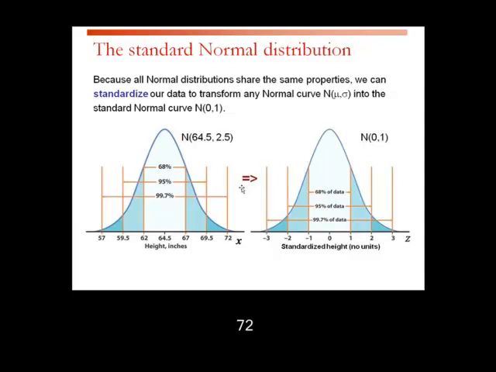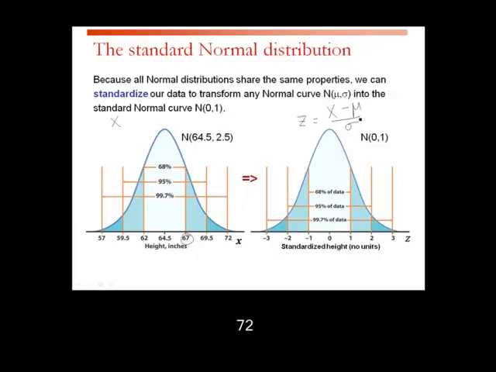So all we are doing is taking a value here and converting it equivalently to a standard normal. Let's do that and see if it works. Let's take the number 67. I want you to apply the following formula. The value on this curve I'm going to call x. The value here I'm going to call z. The z value is going to be whatever value you choose on this curve minus the mean, divided by the standard deviation.